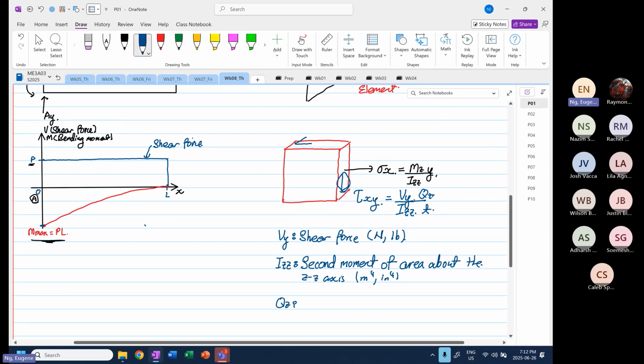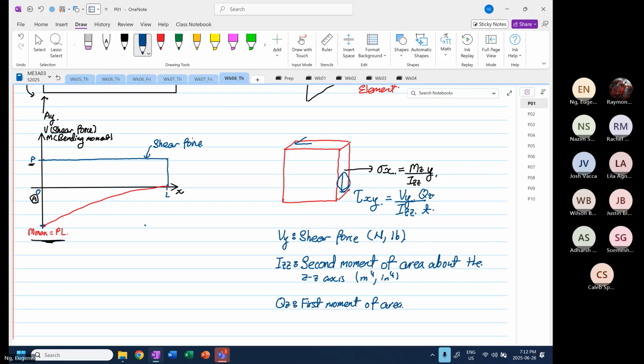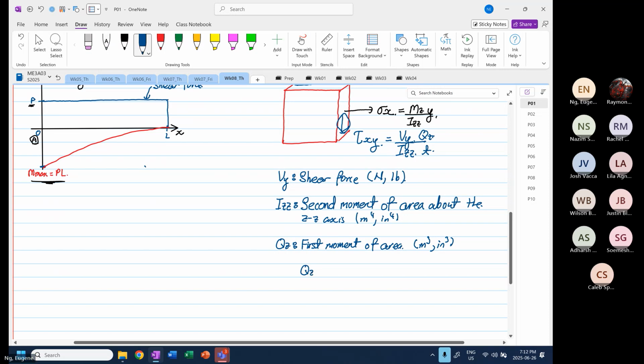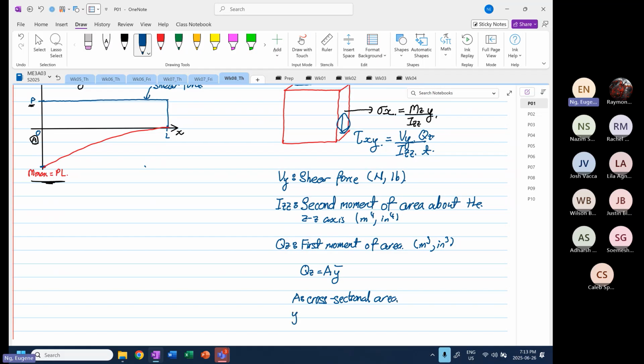Qz represents our first moment of area, and the units is in meter cube or inches cube, and Qz is equal to A y bar, okay, where A is the cross-sectional area, okay, and y bar is the centroid of the area.